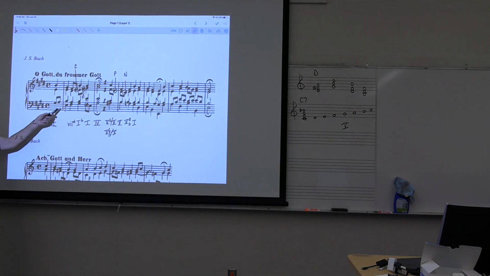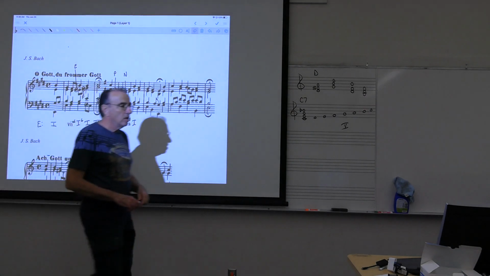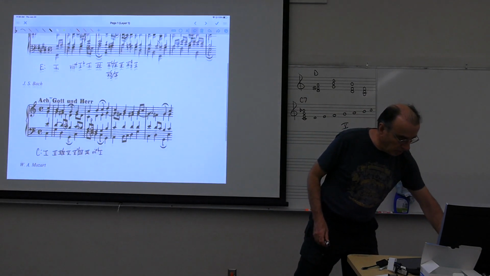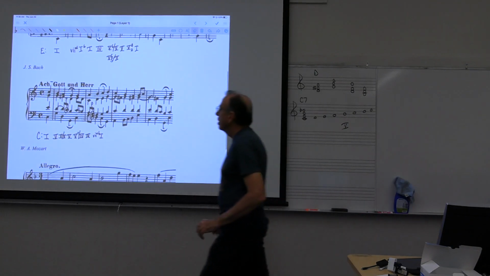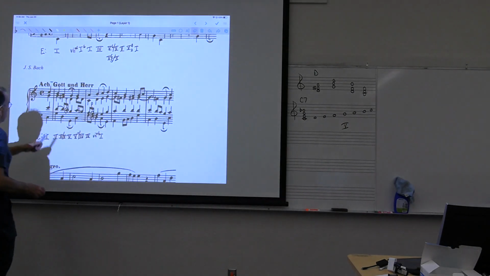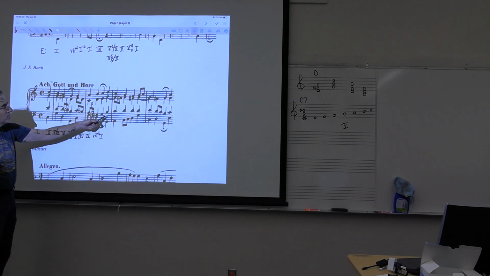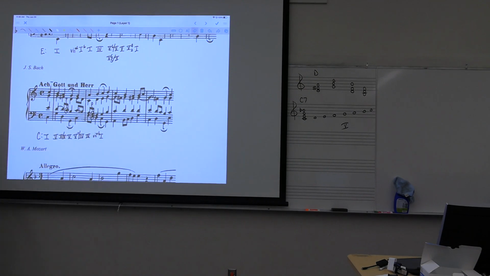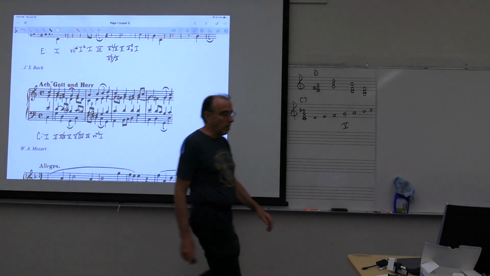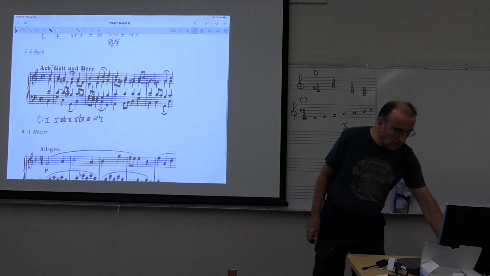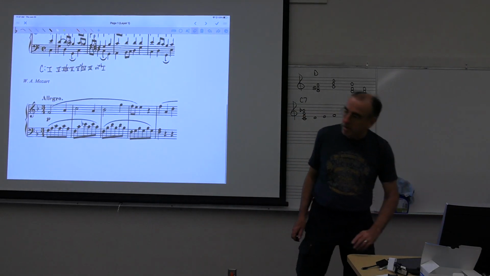They're voiced differently, but it's the same harmony. And in the next Bach chorale, it's one harmony, different harmony, different harmony, and so on. It changes every beat. That's pretty much the style for a Bach chorale, to change every beat or almost every other beat.